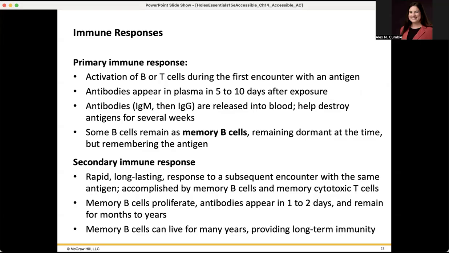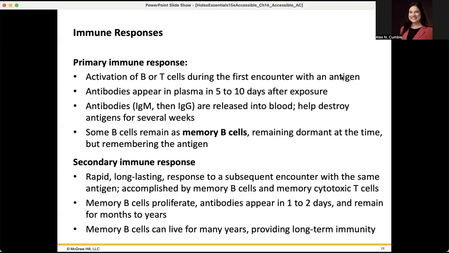You might have seen these different levels back when COVID was first starting out, when people were measuring how often you would have that immune response and produce these specific antibodies. Your primary immune response is when you first encounter the antigen. Typically, we don't start to ramp up these antibodies until 5 to 10 days after exposure. So it takes a long time for that adaptive response.